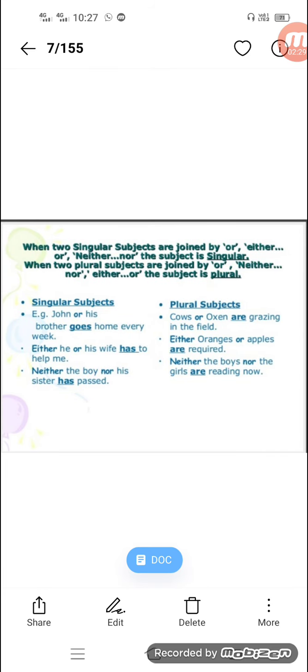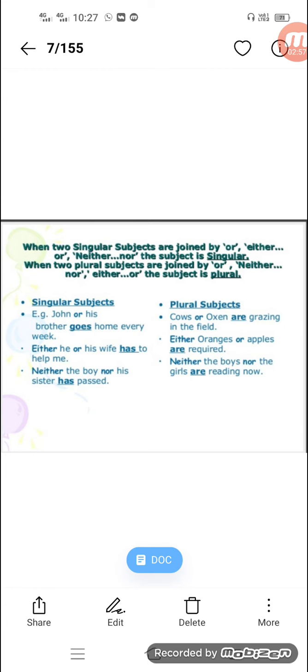Now, let us see another rule. When two singular subjects are joined by or, either or, neither nor, the verb is singular. When two plural subjects are joined by or, neither nor and either or, the verb is plural.